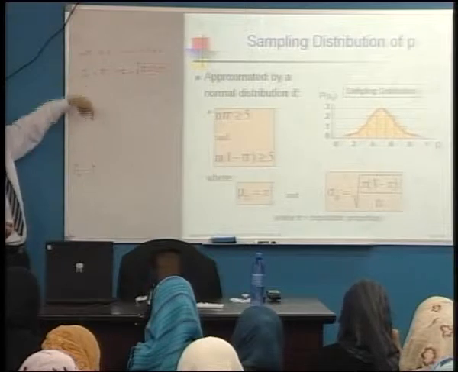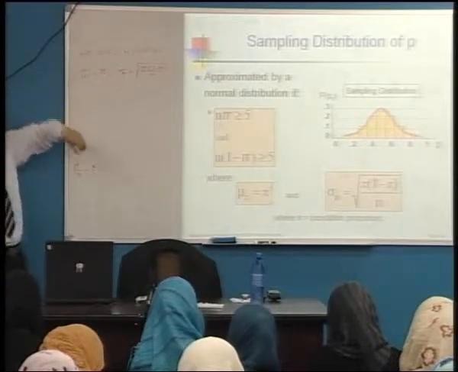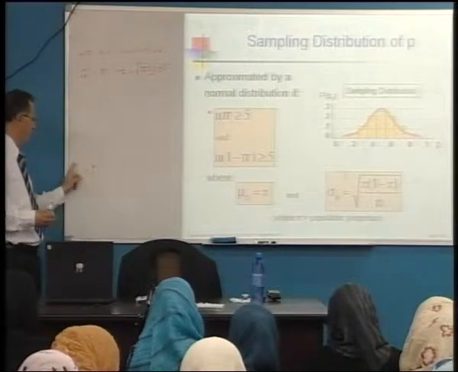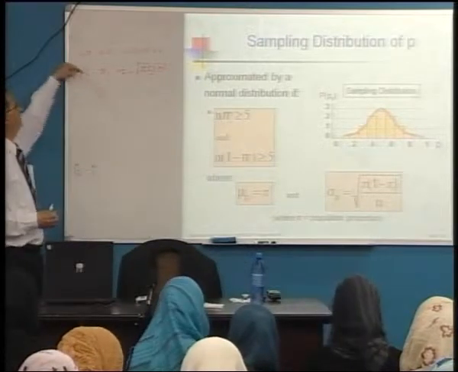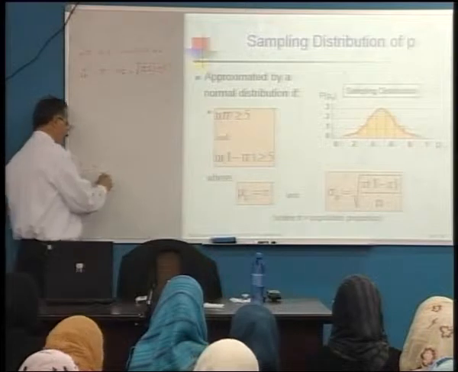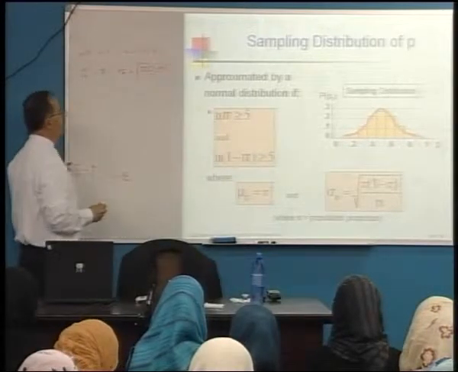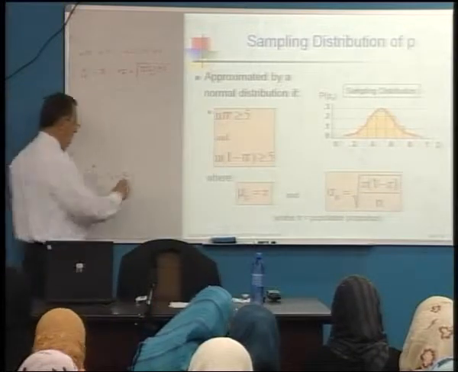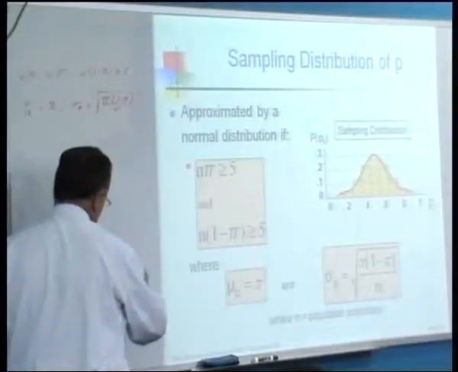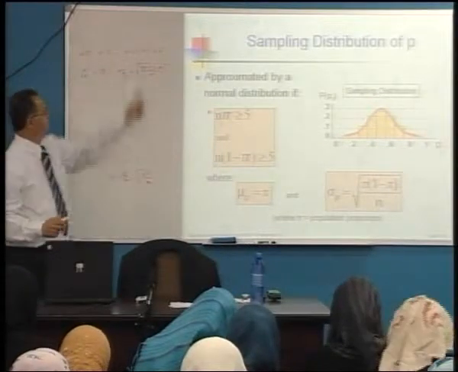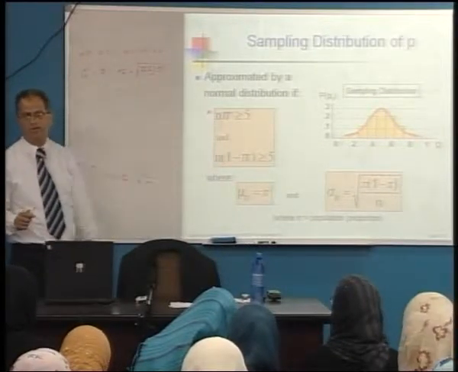So in the two cases, the mean equals the true value, I mean the true parameter. The mean of x bar equals mu, and mu of B equals pi. On the other hand, the sigma of x bar was sigma over root n. It looks similar, because this one is just sigma squared over n, but here sigma squared is pi times 1 minus pi.